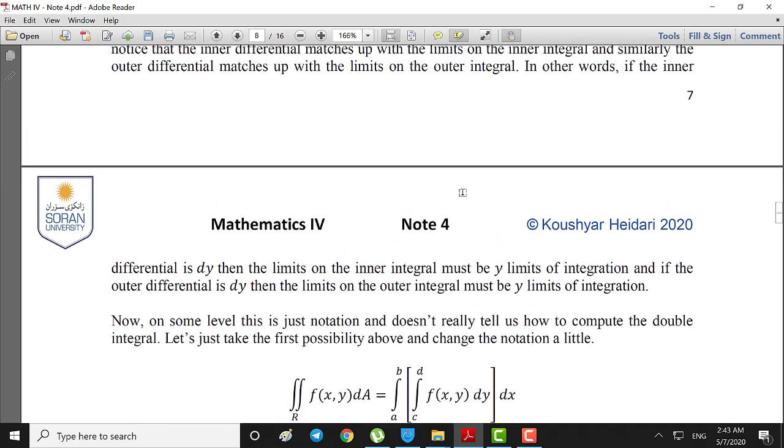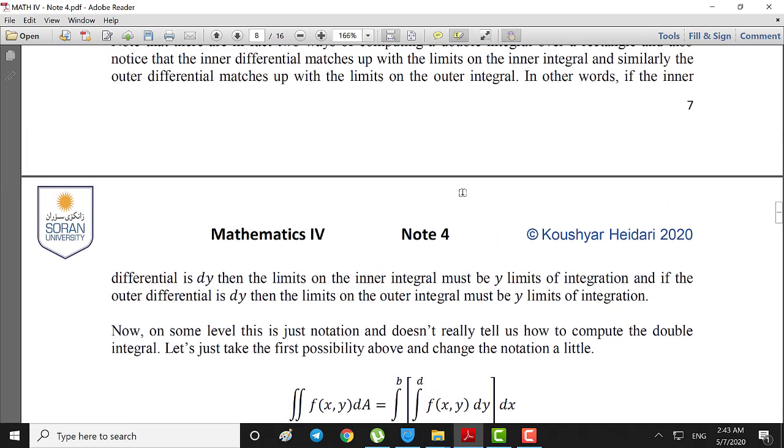So, let me tell you again that if the inner differential is dy, then the limits on the inner integral must be the y limits. And if the inner differential is dx, then the limits on the inner integral should be the x limits. Okay?